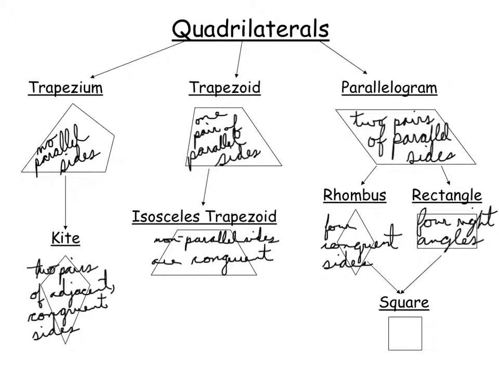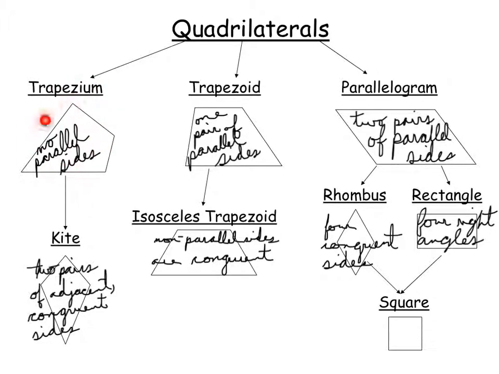So as we look at our chart, the further down the chart we go, the more special the shape becomes. Quadrilaterals are just your basic shape, and then they get more specific as either trapeziums, trapezoids, or parallelograms. Within trapeziums, sometimes we have a special trapezium called a kite. So now, since a kite is a special trapezium, it means every single kite is a trapezium.